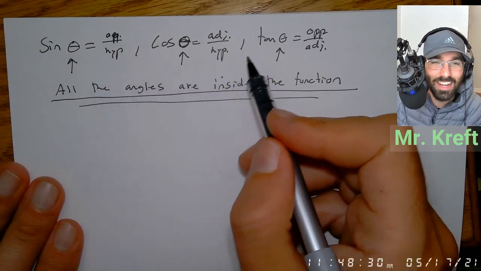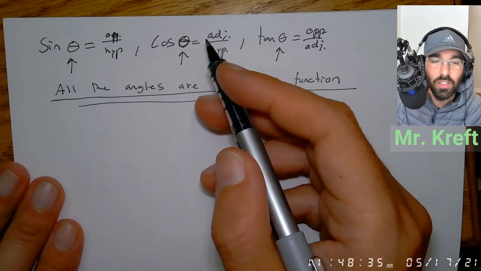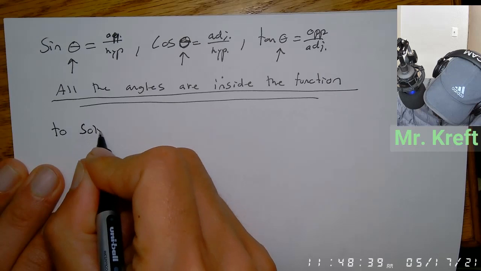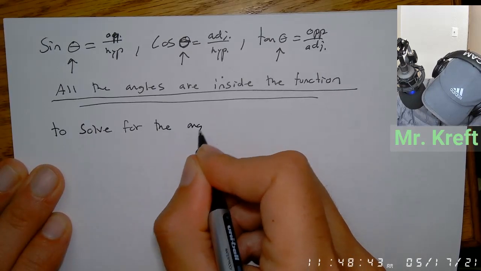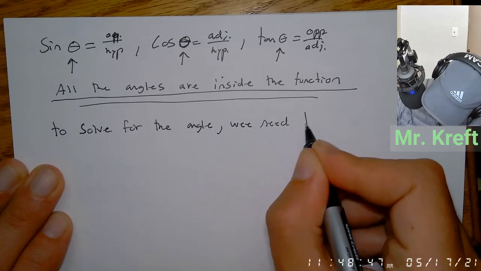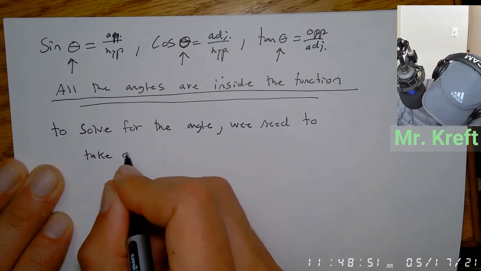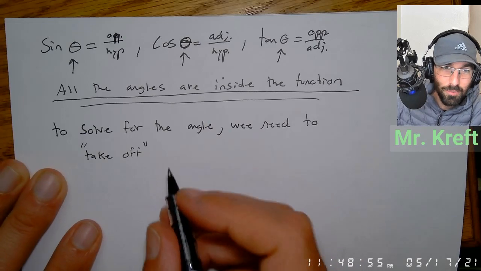The angle is inside the shoe, but we want the angle. We want to solve for the angle. So to solve for the angle, we need to "take off" now, I'm putting that in quotes because that's not actually a math term.